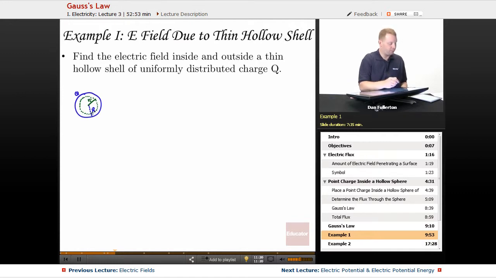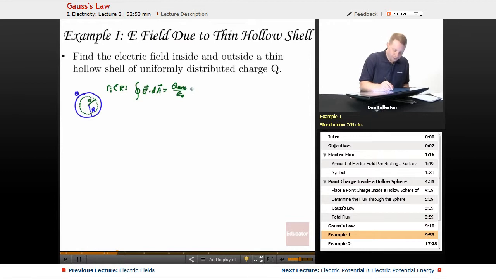And we're looking for the electric field inside. So where Ri is less than R. Ri is less than R for this analysis. Once we do that, we can say that the integral over the closed surface of E dot dA equals Q enclosed by our Gaussian surface divided by epsilon naught. Gauss's law. We start off by writing it.